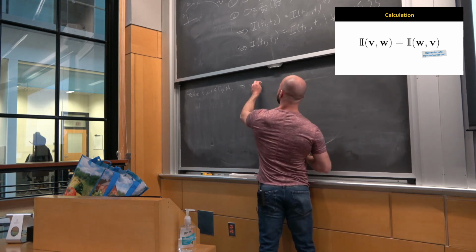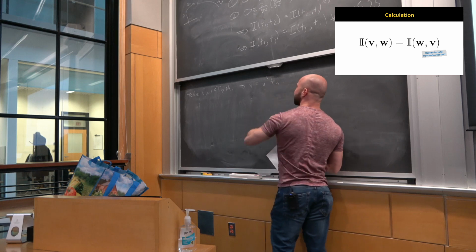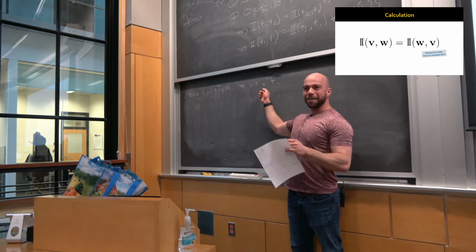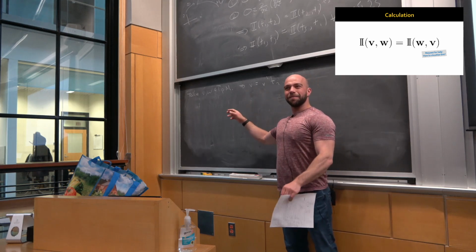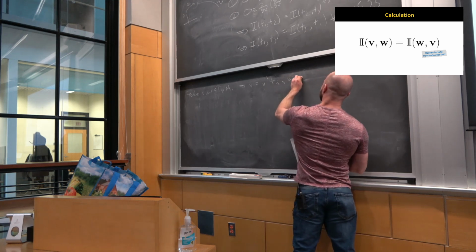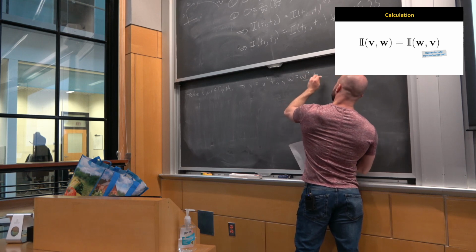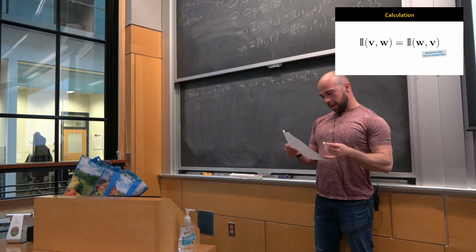Let's do that. Let's write it as v upper i, t lower i. We'll see if I manage to get myself confused. Remember, in this notation, I see the same index twice, so there's implicitly a sum over i. And similarly, I can write w in the same basis, as w upper j, t lower j. With me so far?